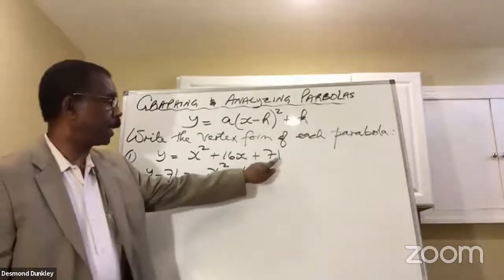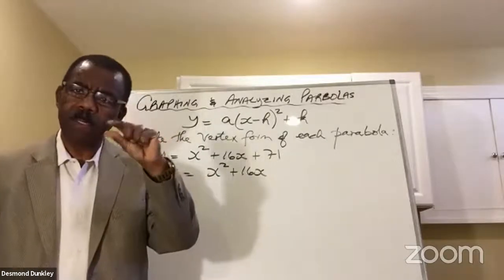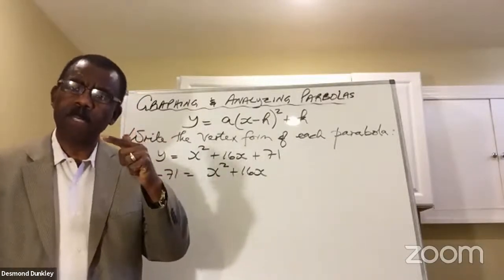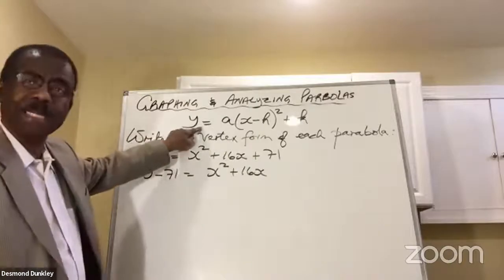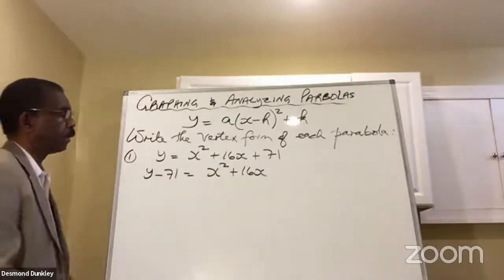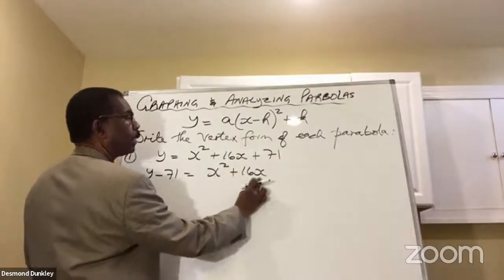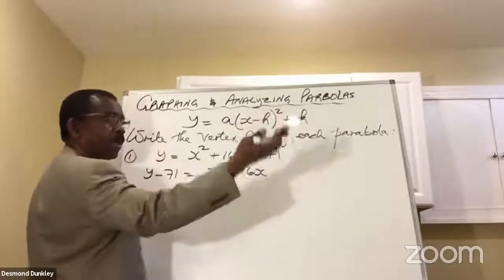All we did was move the constant over here, and that's just a temporary move, because eventually you want to have y by itself. Okay? Good. So now, how can I write this as something squared?